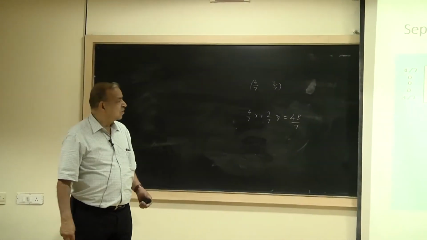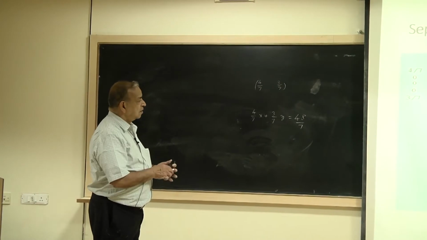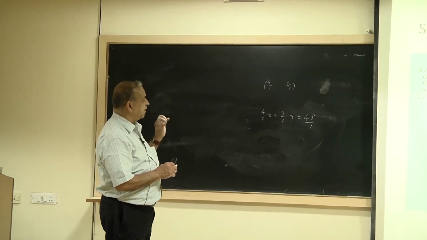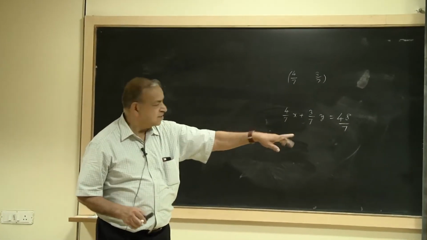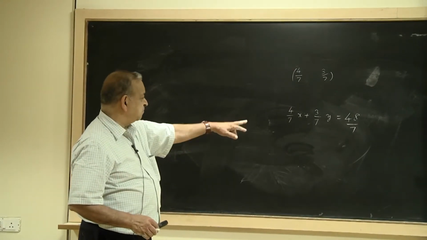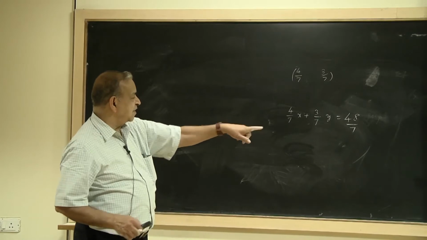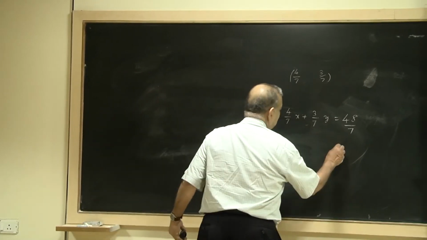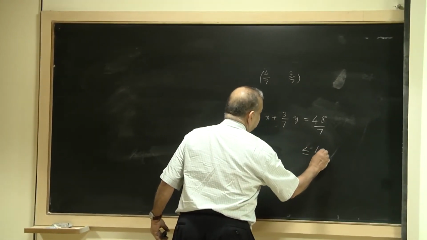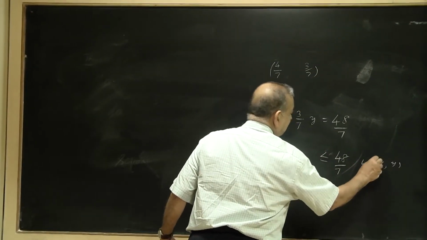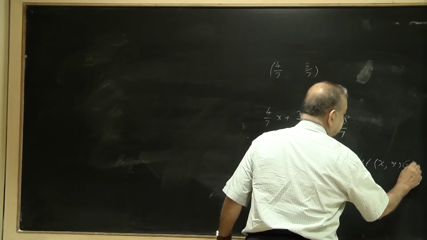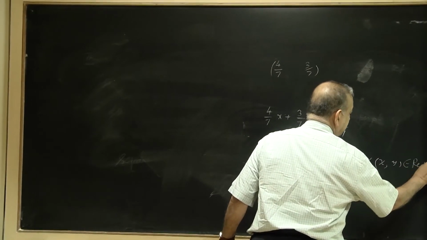Okay? Now, what is the property of these two sets? 4 over 7x plus 3 over 7y is less than or equal to 48 over 7 if xy is in the red set. Do you agree?